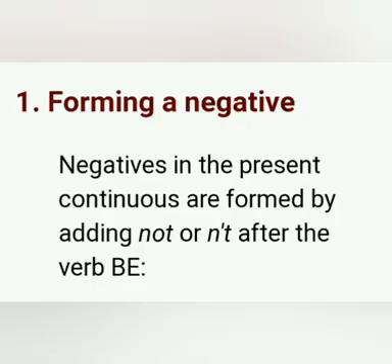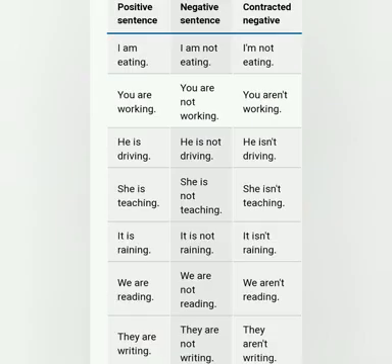Forming a negative. Negatives in the present continuous are formed by adding not or n't after the word be. Okay, children, please let's follow the chart and try to focus on the given topic.